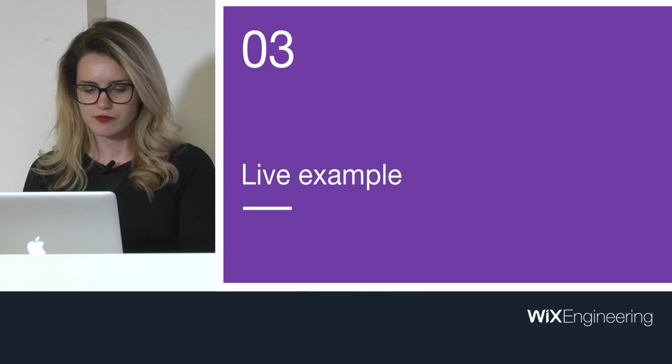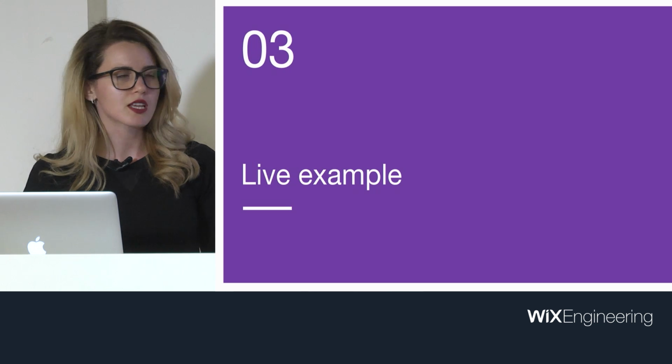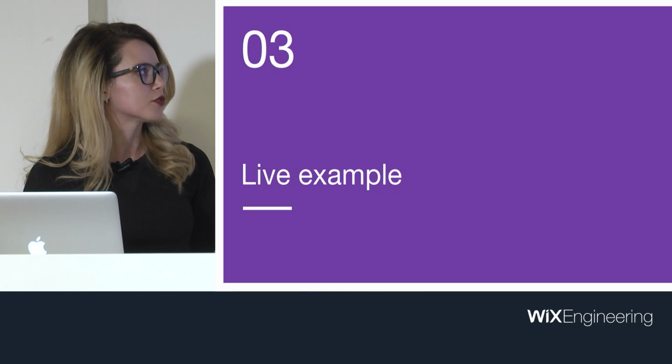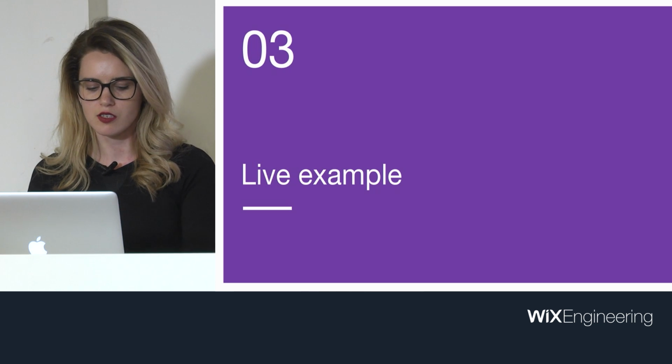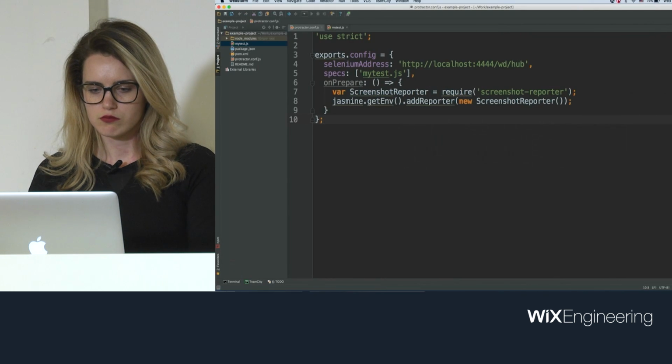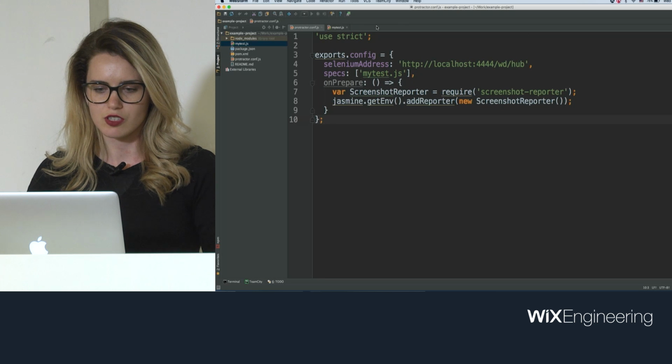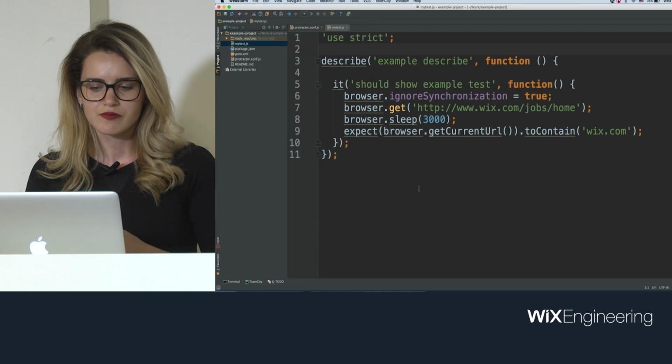Live example. I will show in a live example both parts, actually: debugging with a screenshot reporter and testing visually. I created a very small, simple project which was just one test.